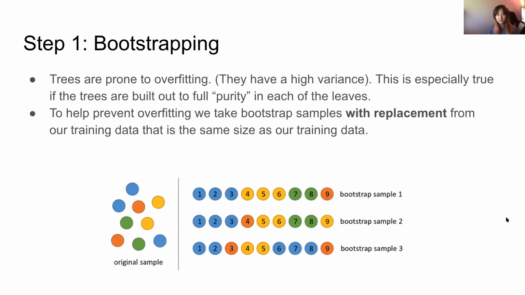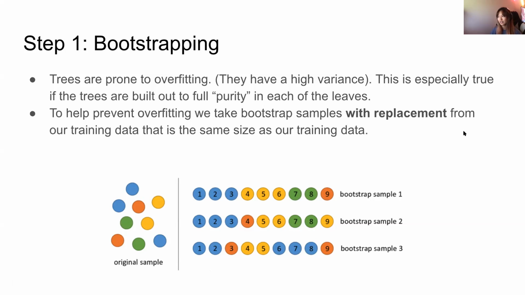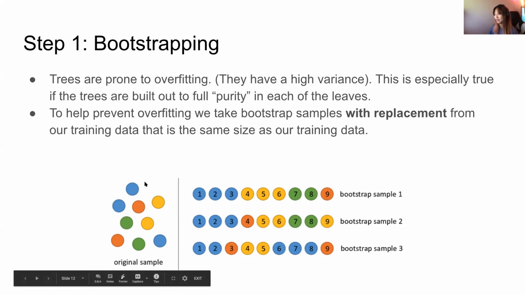So first of all, what is bootstrapping? Because trees are very prone to overfitting, we're going to take bootstrap samples with replacement of our training data to create different mixes of samples. Here we have our original sample. Our bootstrap samples are going to be the same size as our original sample, but these are all sampled with replacement.